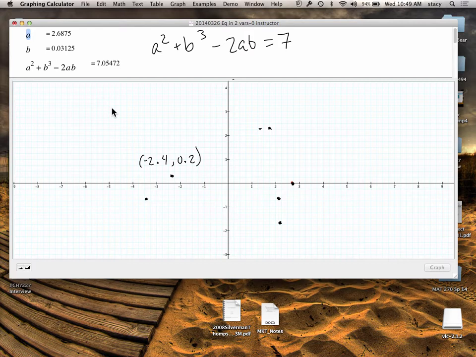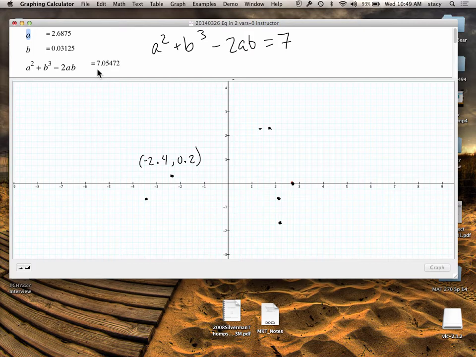So have I found all of the points? No, right? Can we think of a faster way to find all of the points using the technology that we have? In particular, notice the activity that we've done so far has been for this specific value of A and for this specific value of B, this formula equals some value.